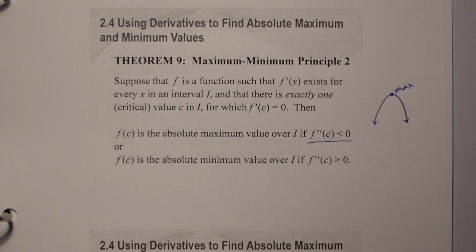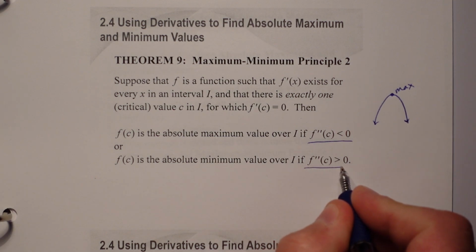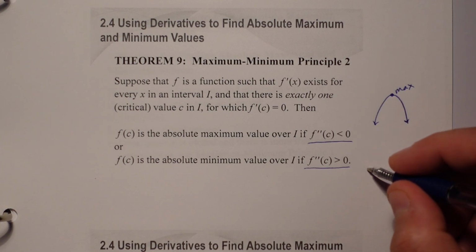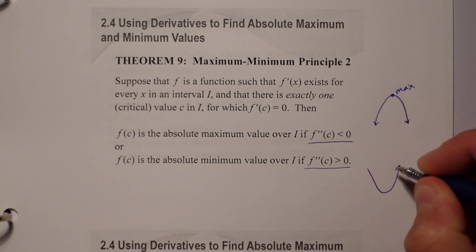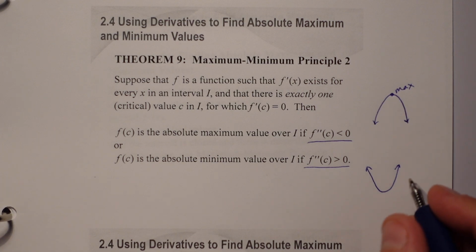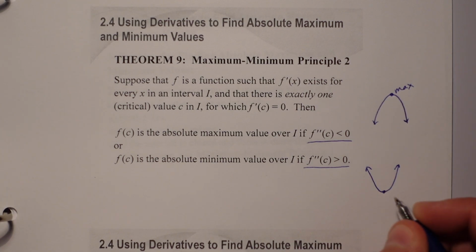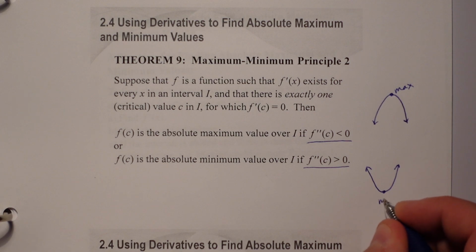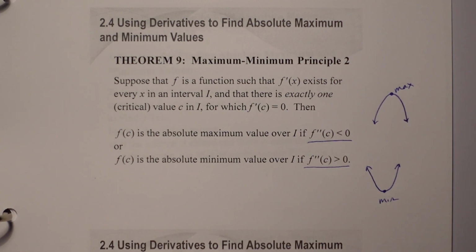On the other hand, if the second derivative is positive, that indicates the function is opening upwards. It's concave up. At that location, well, that indicates that that c value must be the location of a minimum point. Let's go ahead and put this principle to use by looking at example 2.